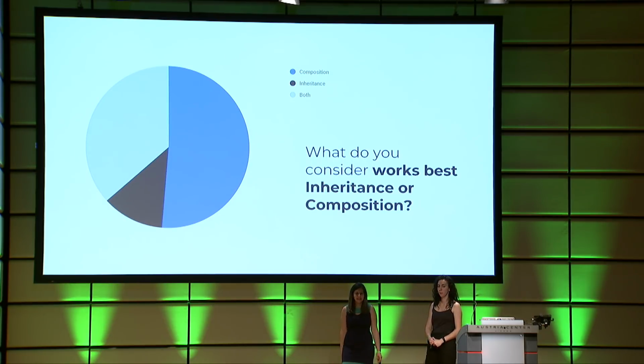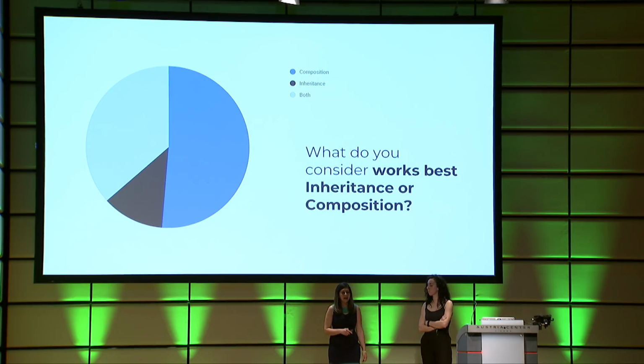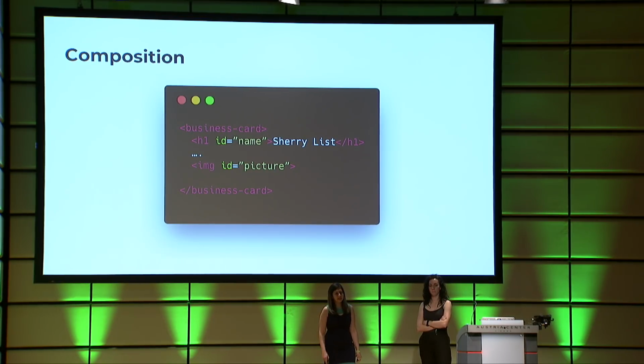Yes, and we asked about composition or inheritance. The majority of people said composition or both. Of course, it depends on the situation. But if you go for composition, you automatically gain cleaner code, and your code is also going to be flexible.